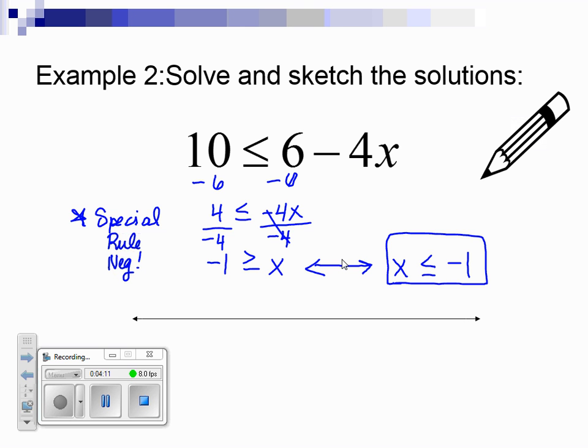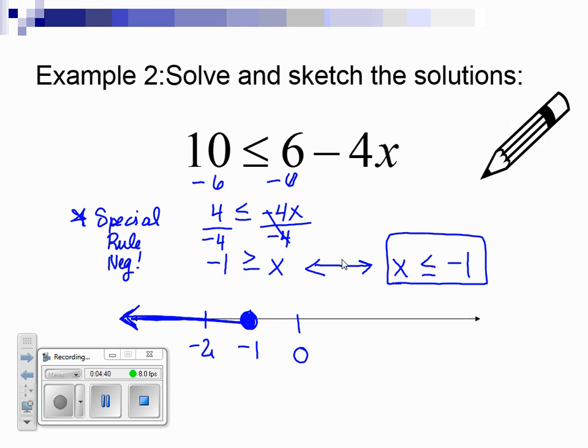Now I know that all the numbers I want are less than or equal to negative 1. So I'm going to find 0, negative 1, and here might be negative 2, and now I'm going to graph all the solutions that are less than or equal to negative 1. In this case, we use a closed dot because we have an equal sign, and then less than would be everything to the left of negative 1.